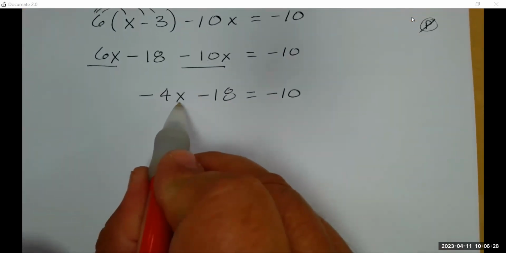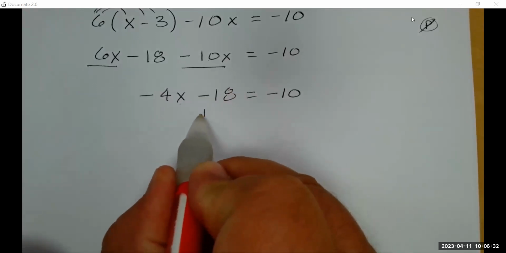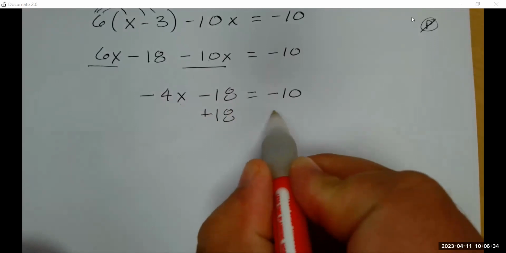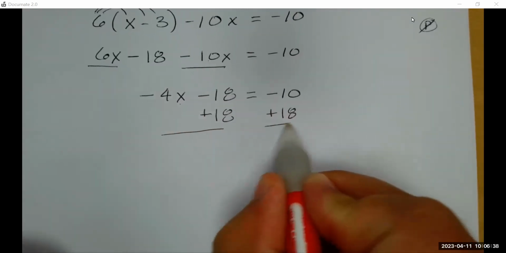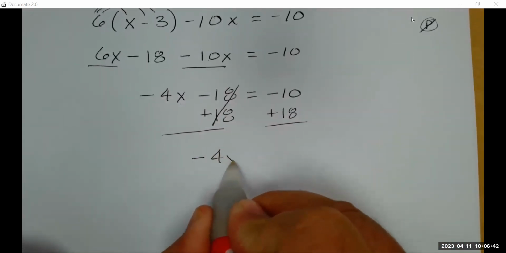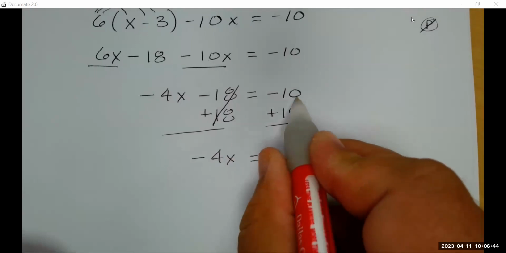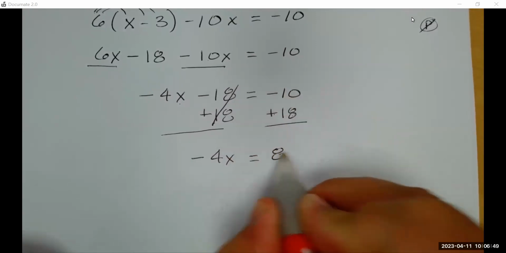All the x's are on one side, so we have to get rid of the non-x's. We have to get rid of the negative 18 by adding 18. There's negative 4x. 18 is bigger than 10, so the answer is positive. 18 minus 10 is 8.